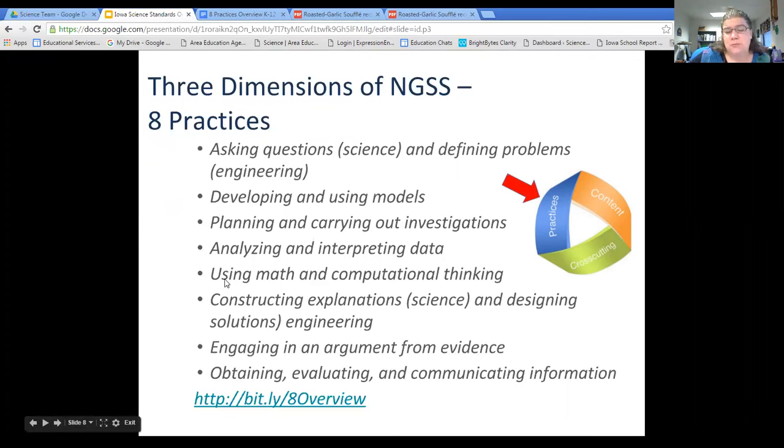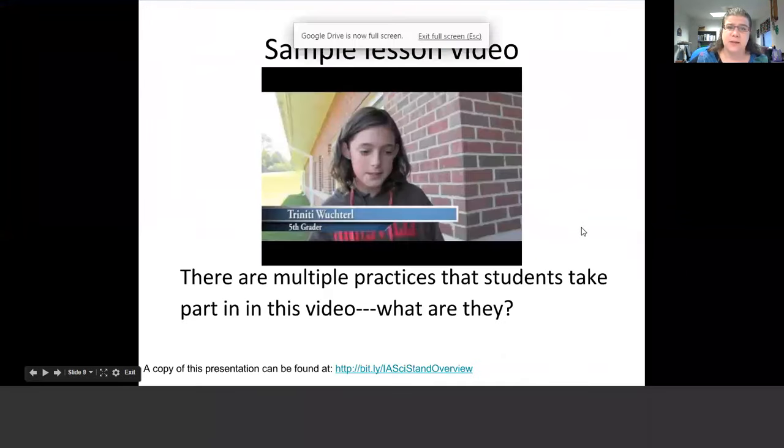For example, it would be relatively difficult to utilize math and computational thinking without then analyzing and interpreting that data. So simply because these are 8 separate bullet points doesn't mean that we would only discuss one at a time. We may have a focus with our students of one particular practice for an investigation, but the other practices would also be incorporated in that investigation.